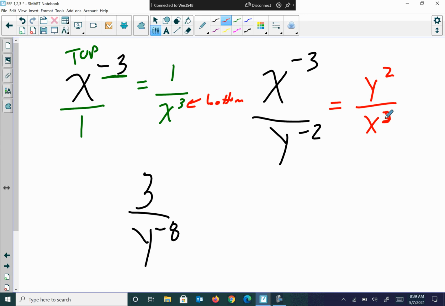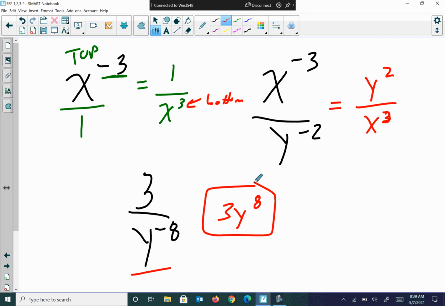So if we have something that has a negative exponent, it's going to change its location. It goes from a numerator to a denominator, or a denominator to a numerator. So like this one, the 3 stays up on top, and it's now joined by the y to the 8th, and it's done. It moves up.